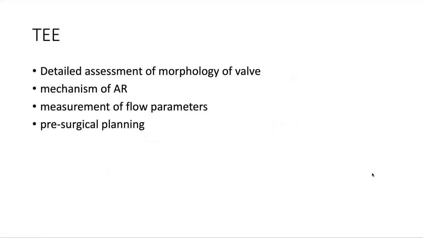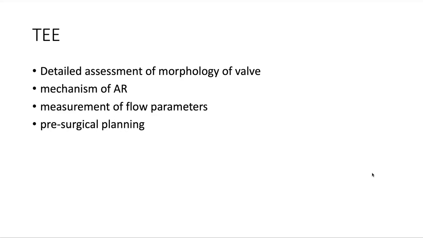So some other modalities that you can look to try to figure out what's going on include TEE. The indication that should make you want to do this is if you require more detailed assessment of the morphology of the valve, or the mechanism of the insufficiency is unclear.